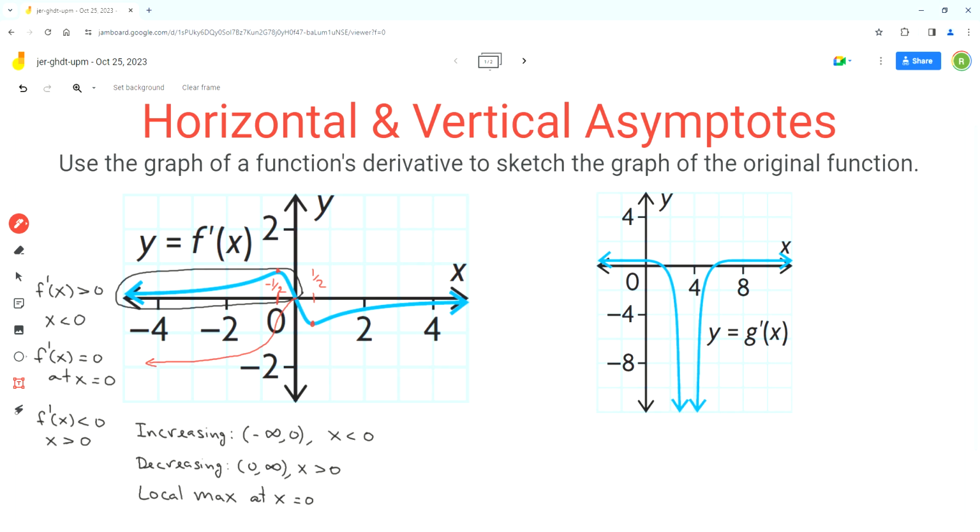Similarly, on the right side, we can sketch the first part of the function like this, and the graph should be the steepest at x equals half, and then it slowly starts tapering and becomes less steep, and then gradually becomes almost horizontal, because on the right side f prime of x approaches almost 0.